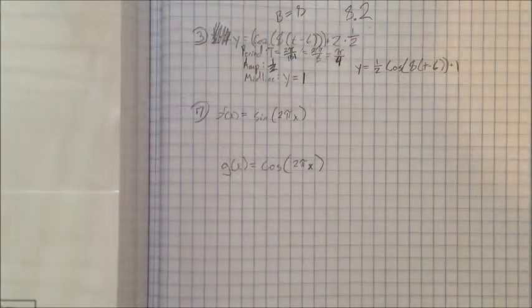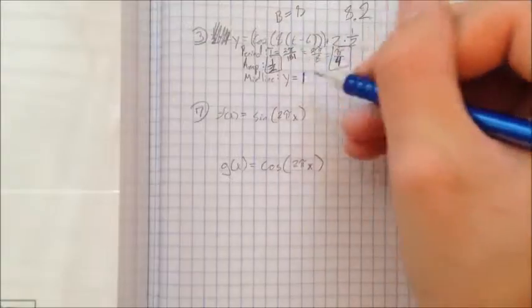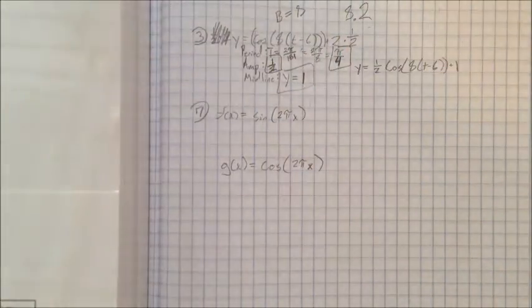All right, and let me check this handy dandy answer sheet just to make sure I am right. Yep, that and that are correct. So now we can move on to number 7.